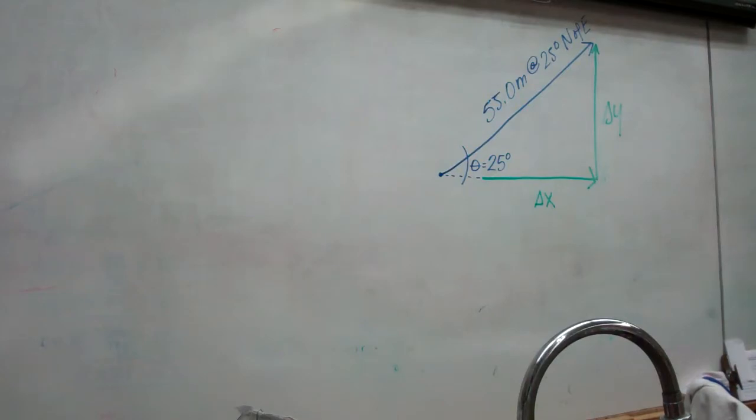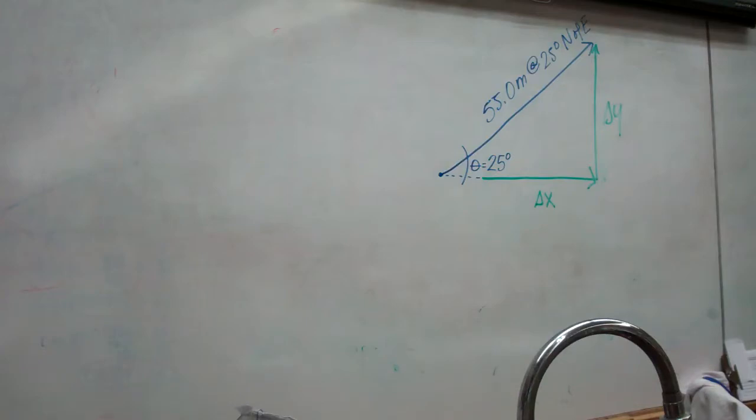By golly, we can. This process is called resolving a vector. So you're breaking it up into its component parts. The other way we're solving to find the vector; here we're resolving it down into its components.